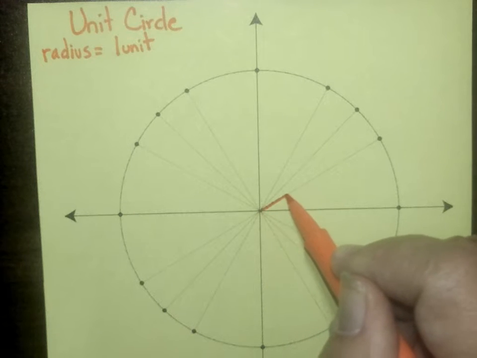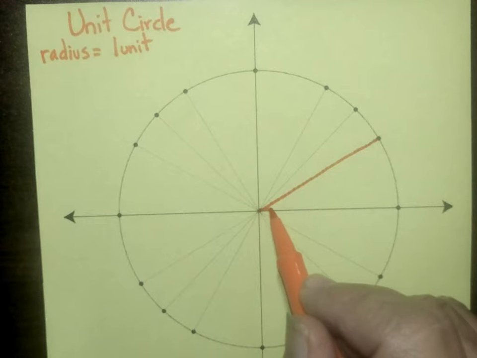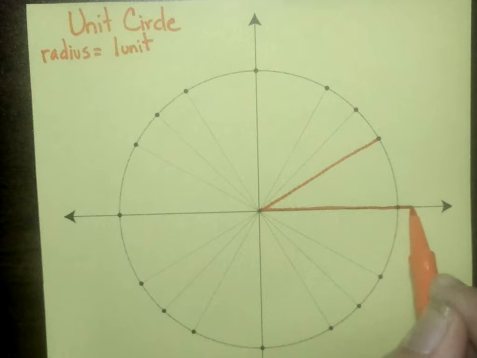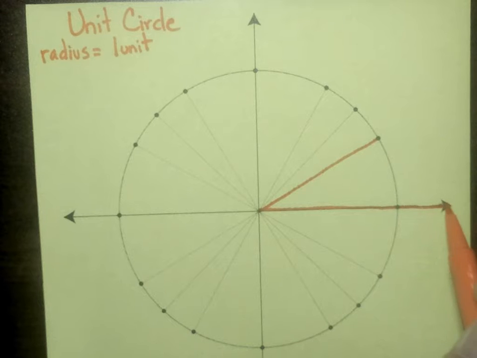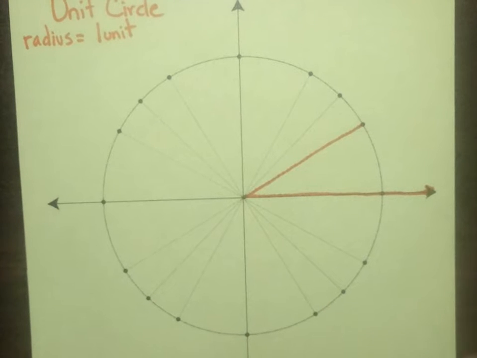So what I want to do here is start with this very first angle. I'm going to come in here and trace this with my orange. And actually, before I get into that, I want to talk about some of the ordered pairs that we know.